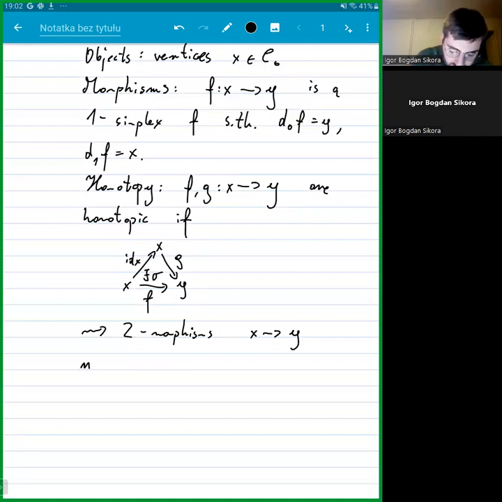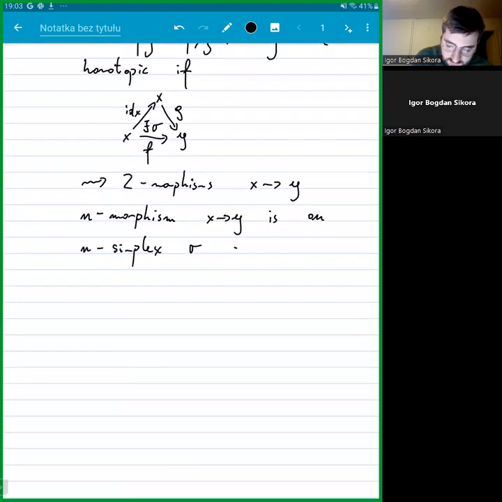So what would be an n morphism? An n morphism from x to y will be an n simplex sigma such that dn of sigma is equal to x. Here I'm abbreviating the notation, because what I really mean is that dn sigma is equal to the appropriate degeneracy of x.